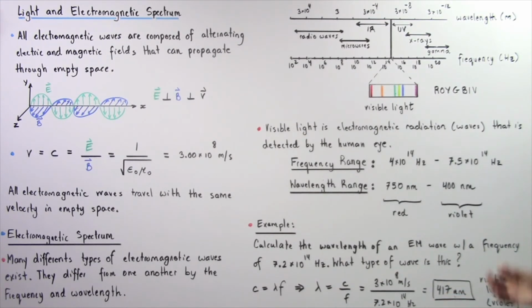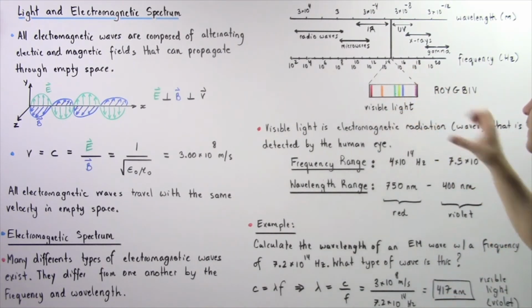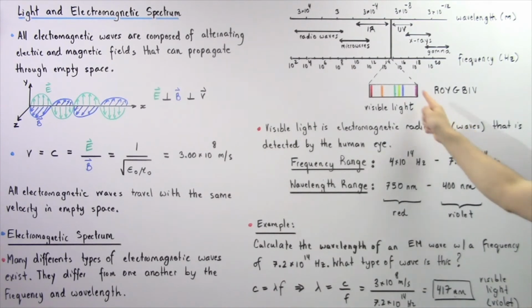That means this lies within the visible light spectrum, within the following region. This color is about the color of violet, because violet has a wavelength of about 400 nanometers, and this is pretty close to that value.